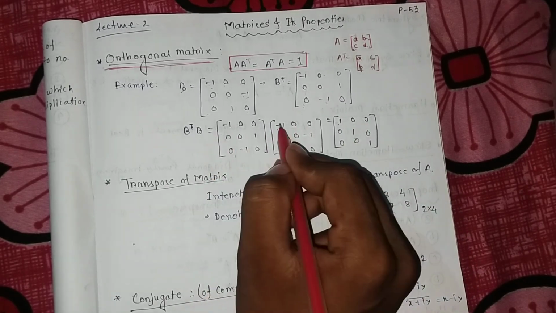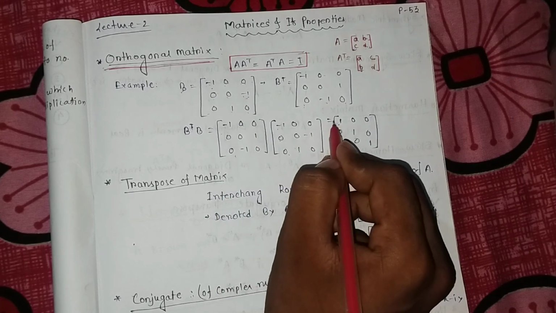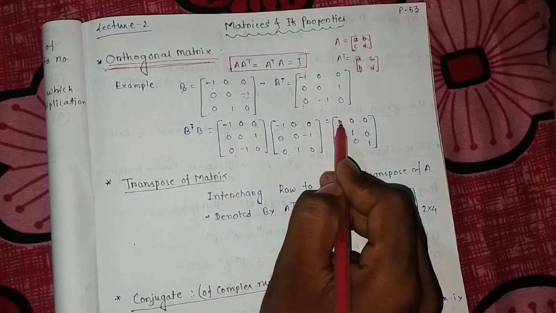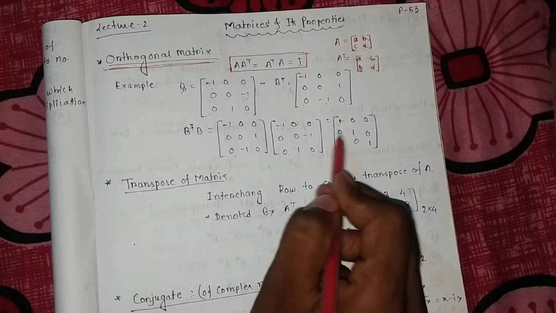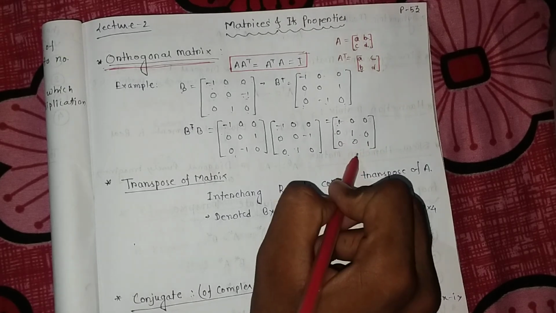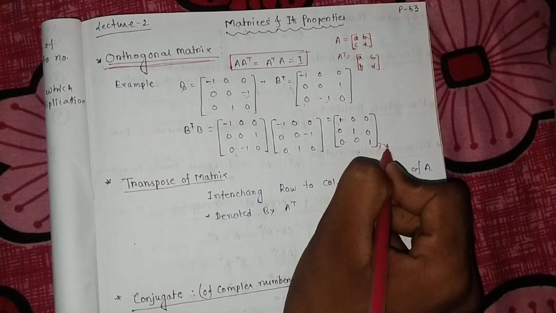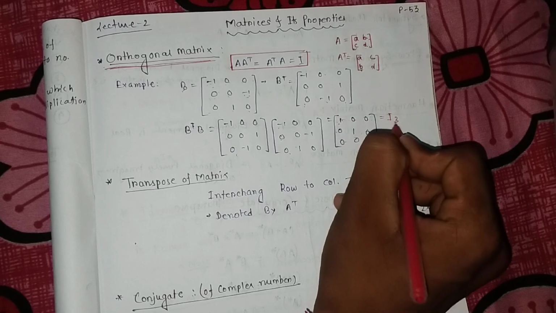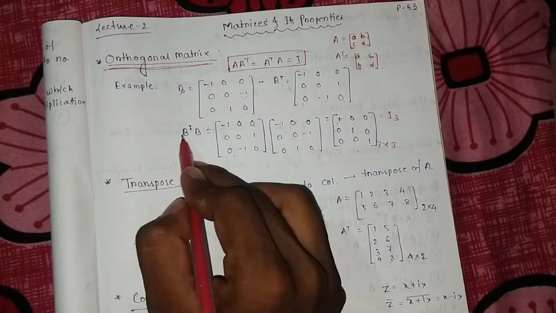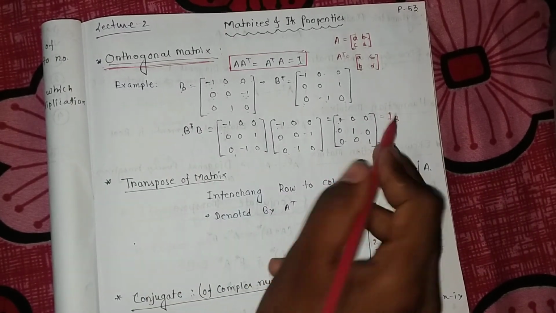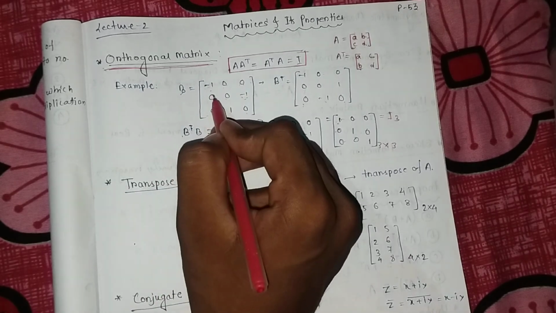After all the multiplication we get this matrix: 1 0 0, 0 1 0, 0 0 1, and it is the identity matrix of order 3, which we write as I3. And since B transpose B is equal to I3, or I, we can say that this is an orthogonal matrix.